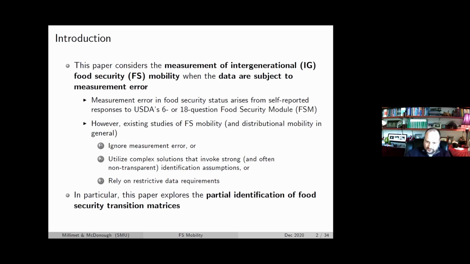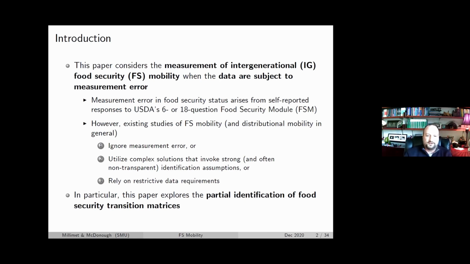And then they try to estimate these models in order to back out the measurement error, simulate data that's free of measurement error, and then construct mobility measures based on this simulated measurement error-free data.